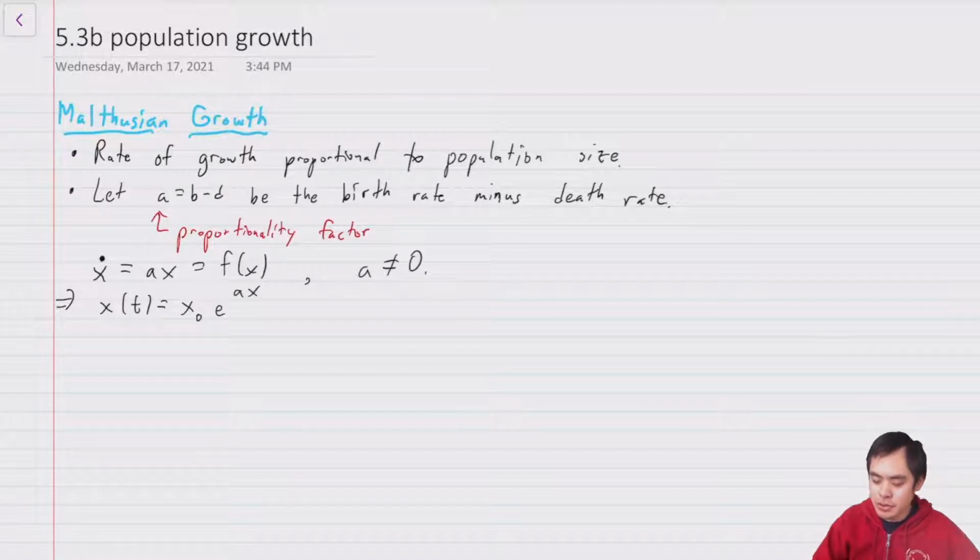So if a is not equal to 0, then 0 equals x dot. What you want is the rate of change to be 0, so you have a x equal to 0, which implies that a x bar is equal to 0, which implies that x bar is equal to 0 is the only equilibrium.